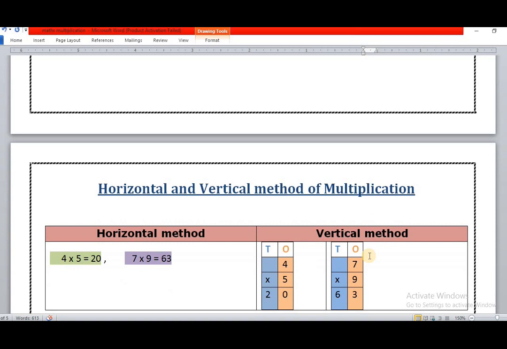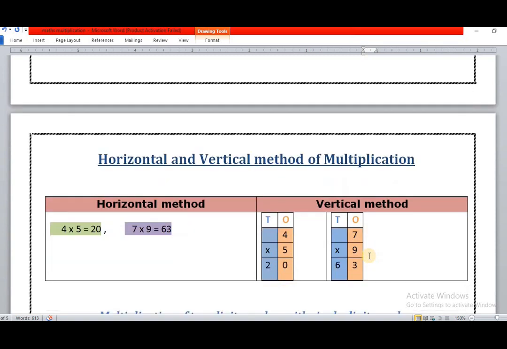Now we will do the horizontal and vertical methods of multiplication. Children, this is the horizontal method. Horizontal means the method which runs from left to right. As you can see in this horizontal method, I have written 4 into 5 is equal to 20, and 7 into 9 is equal to 63.